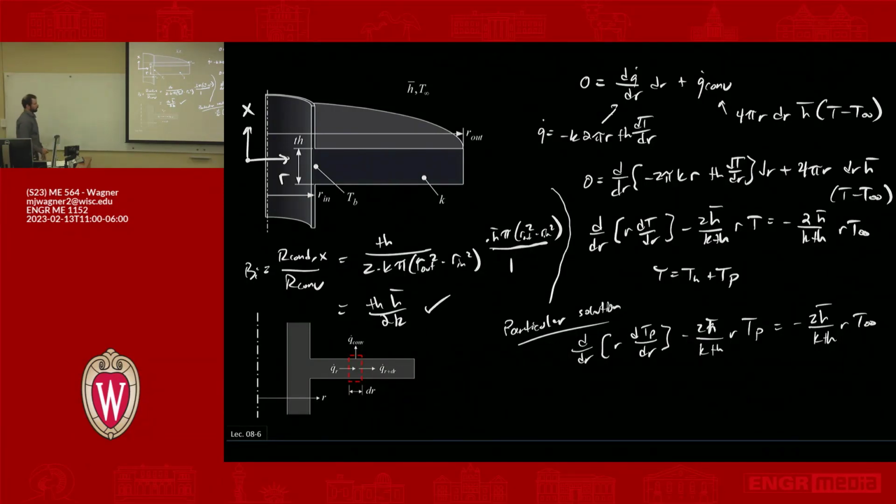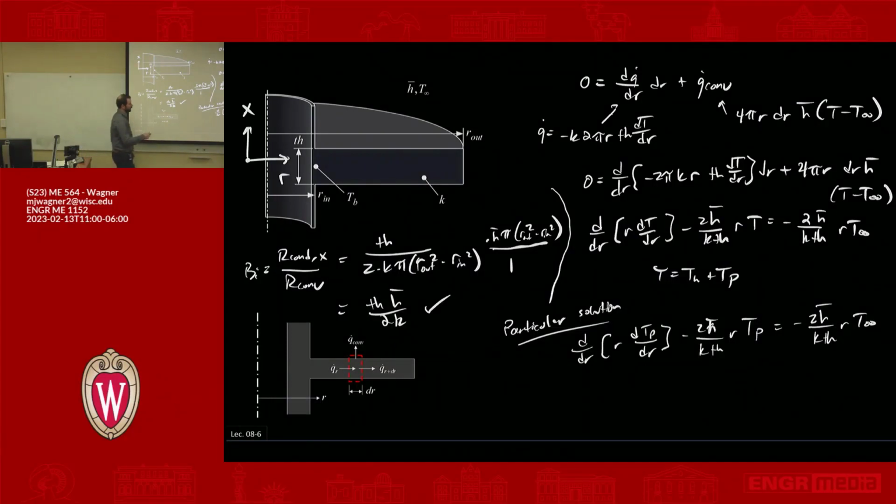Remember what we have to do for the particular solution. We need some function that when we do the operations shown here, gives us back the right-hand side. So with the example we had last time, you can almost just sit here and look at this and know what T_P is going to be. So stare at it for a second.